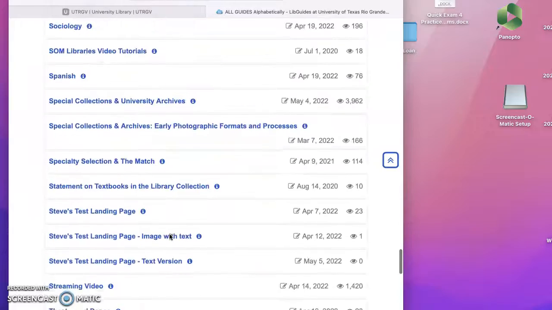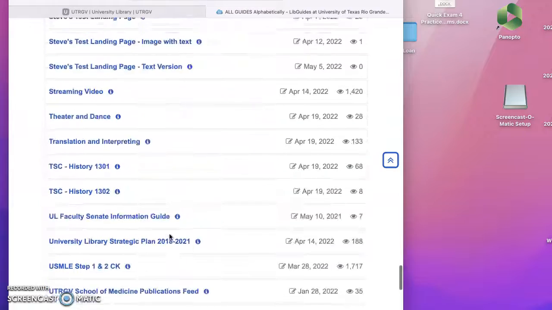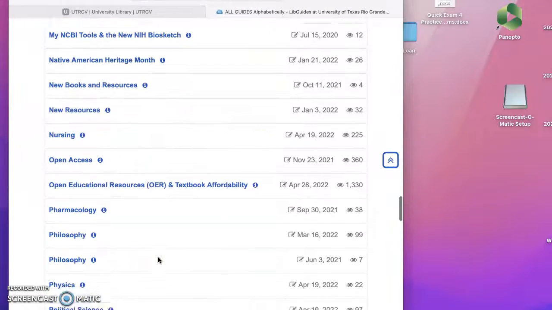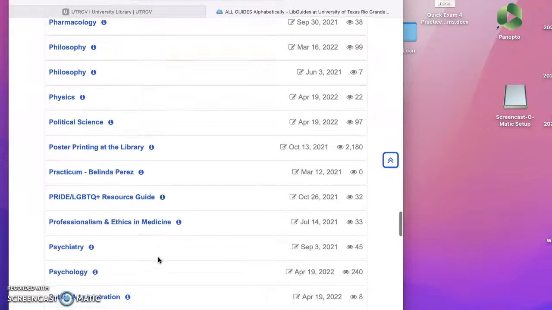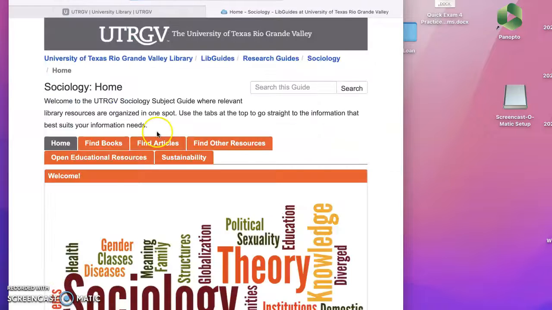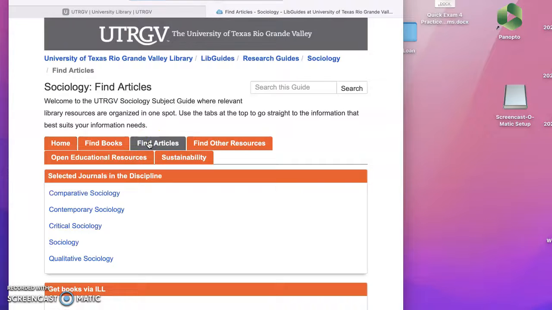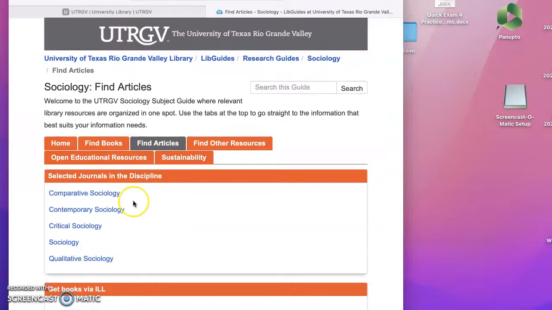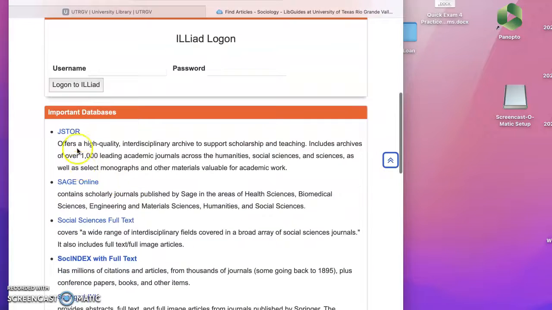For my sociology class, I was doing research on femicides. So I went through this, looking for sociology, and then found articles, and then I went to JSTOR.